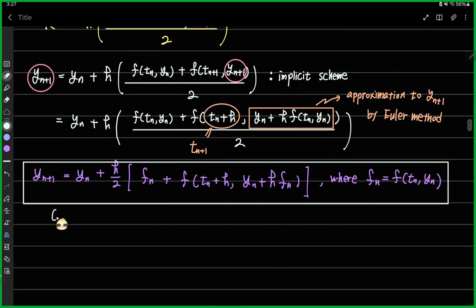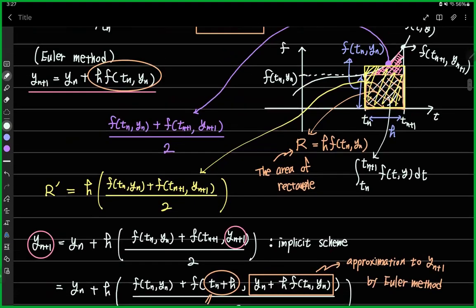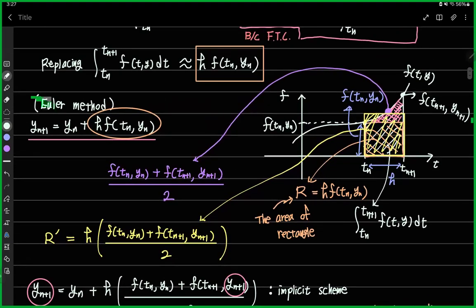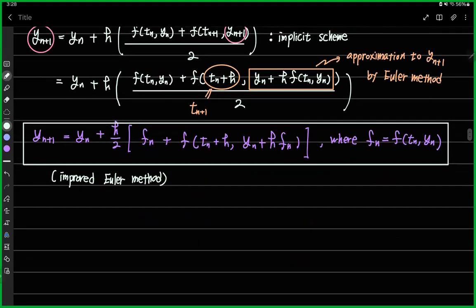The Euler method has a convergence rate of big O of h.